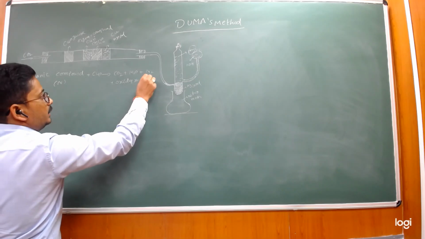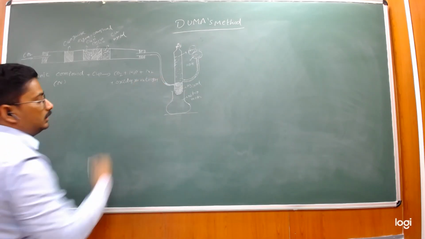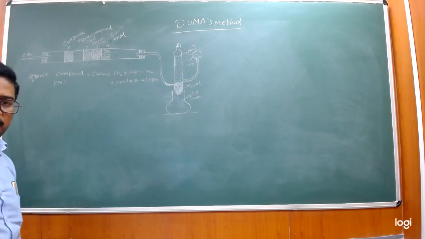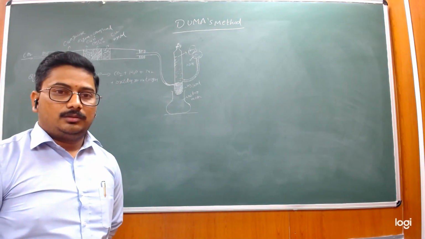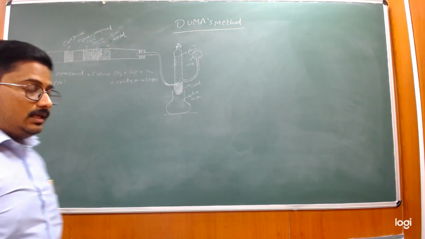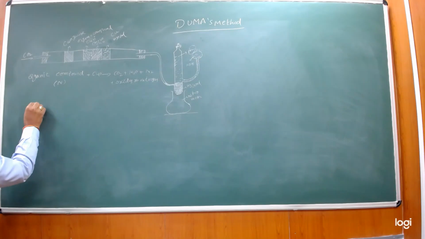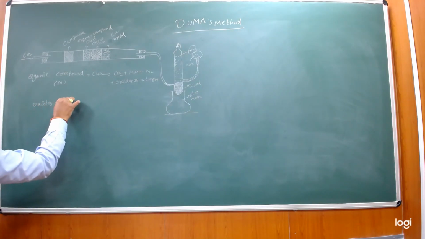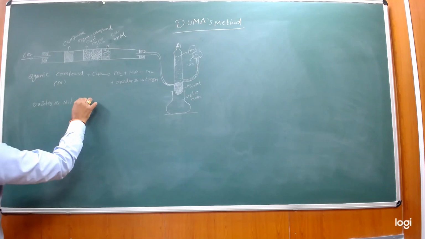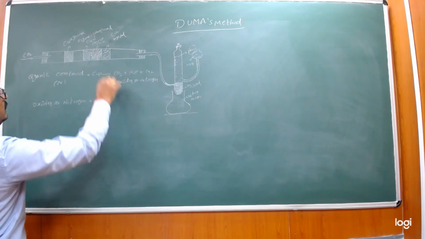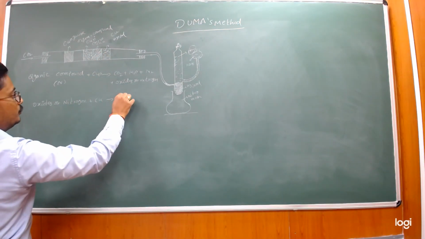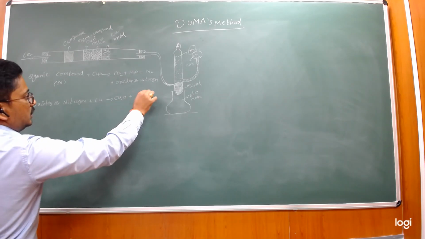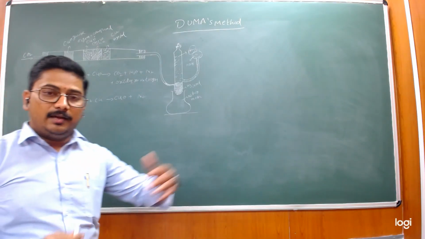There is a possibility to form these oxides of nitrogen also. So how can we remove them? These oxides of nitrogen react with the copper metal here, and it can produce CuO and nitrogen. So the complete nitrogen can be left.